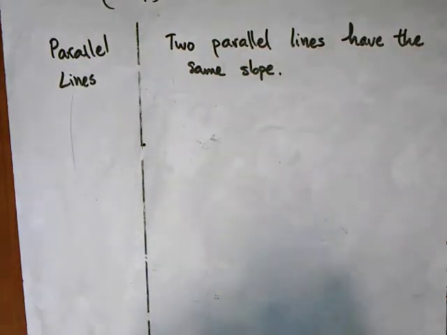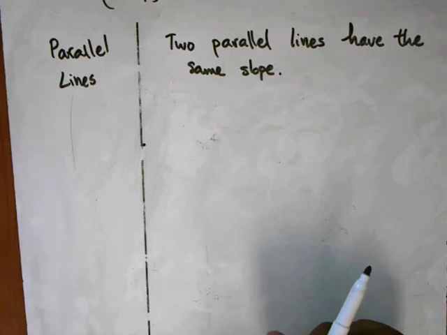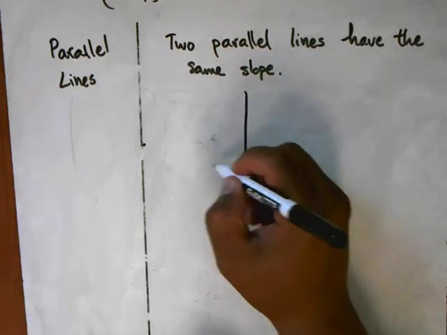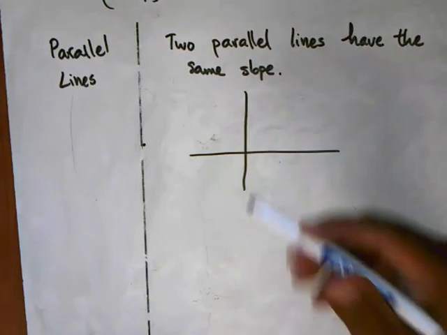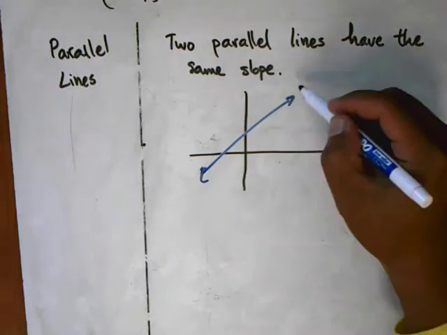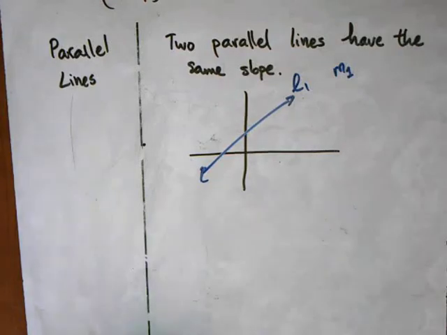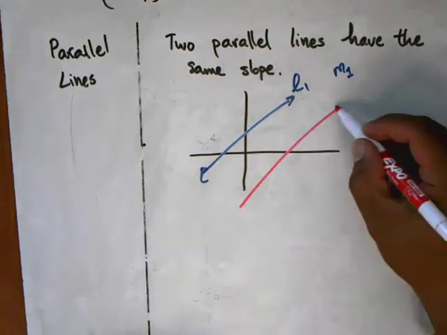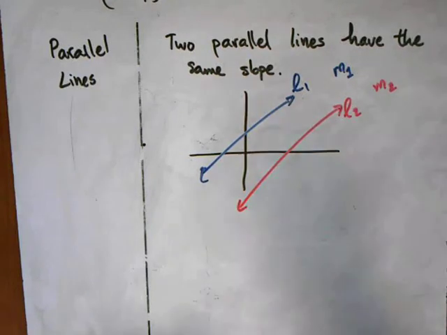So we can look at some cases with parallel lines, and one of the things that we know about them is that they always have the same slope. So let's say I had an xy coordinate, and I had two lines. We'll call this blue line L1, and we'll say that the slope here is M1, okay? And we have another line, a red line, we'll call this one L2, and that slope is M2.